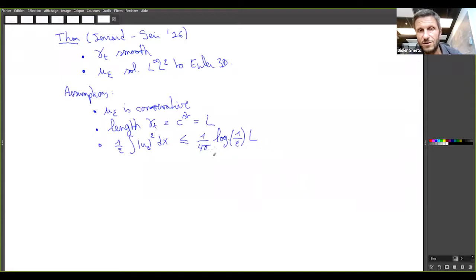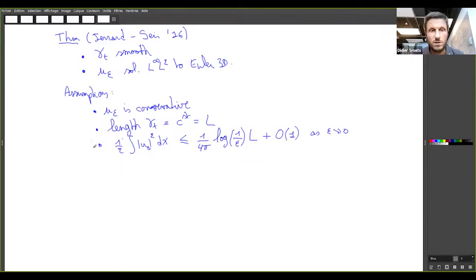So at first, this is the main order. The second order will be order 1. So there's no sense to put something smaller here than order 1. And we will actually put order 1 as epsilon goes to 0. So I consider sequences of solutions. That will be a theorem for something asymptotic.